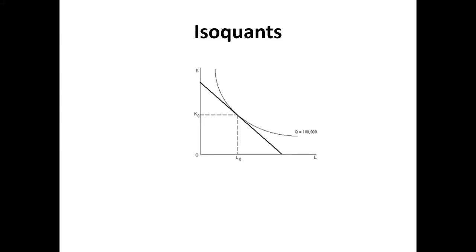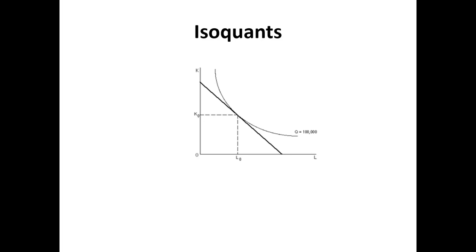So the marginal rate of technical substitution between two factors of production, which are labor and capital. That point is a point where production is proportional. It's a point where production is efficient.